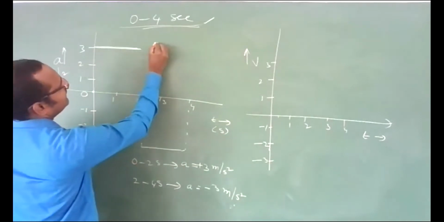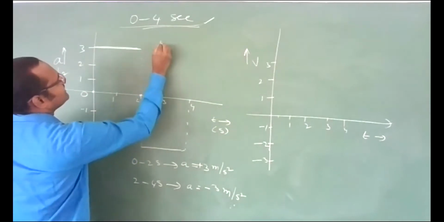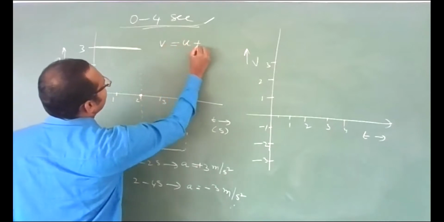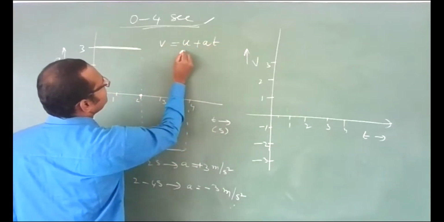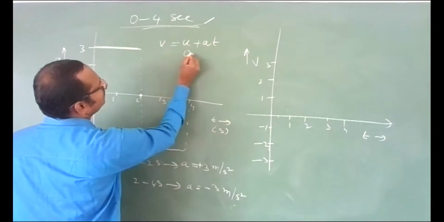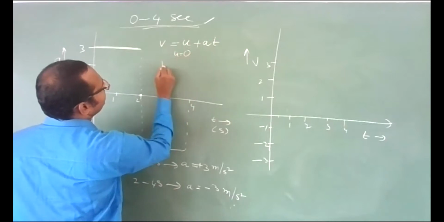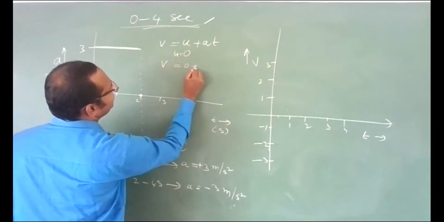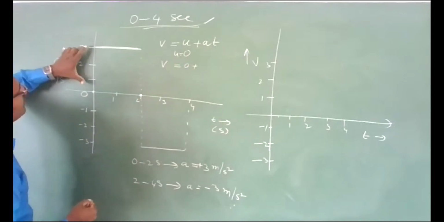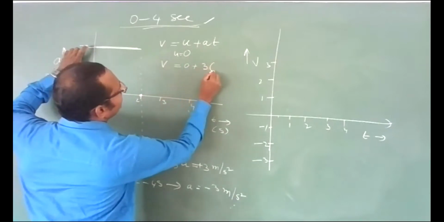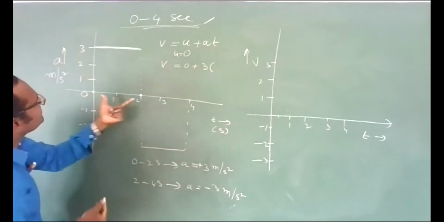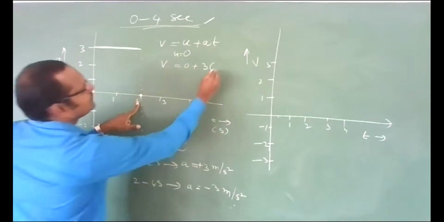We know that velocity v is equal to u plus at. Let us imagine u is equal to 0. Then v will be equal to 0 plus 3 into seconds. How many seconds? 2 seconds.